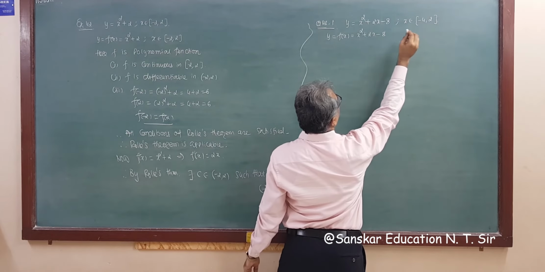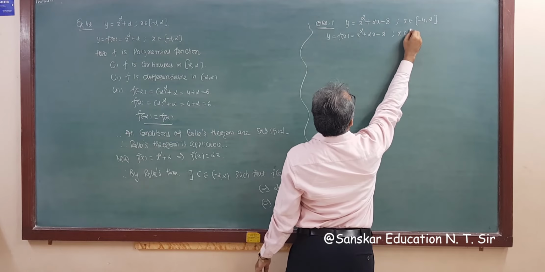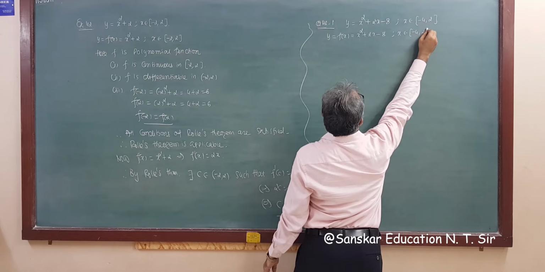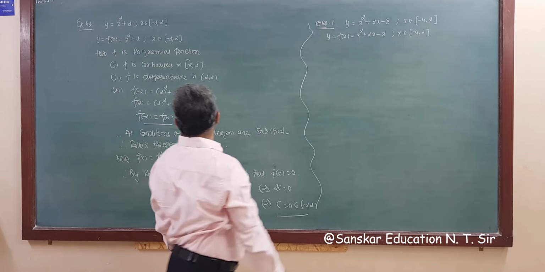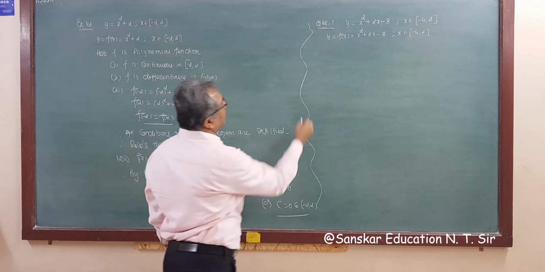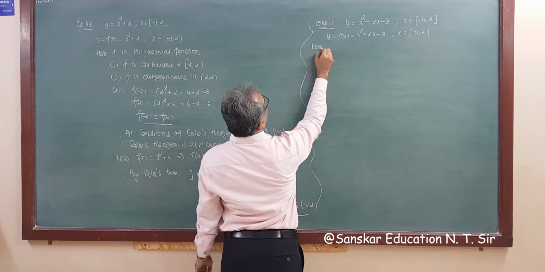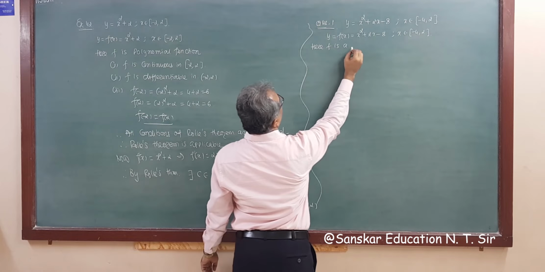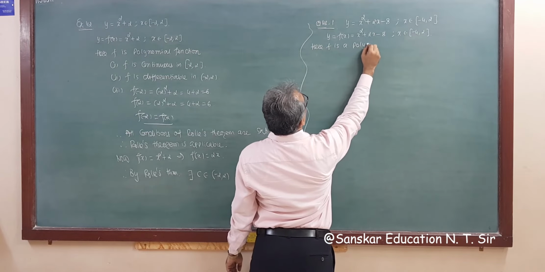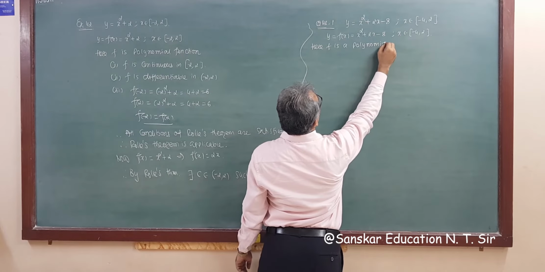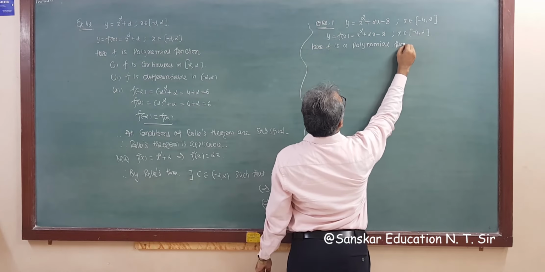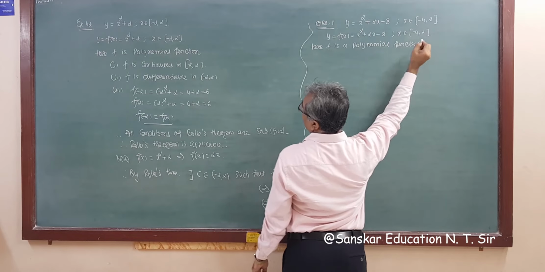And x belongs to the given interval minus 4 comma 2. So here f is a polynomial function, right?